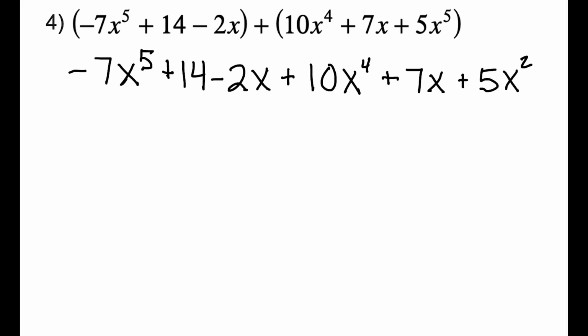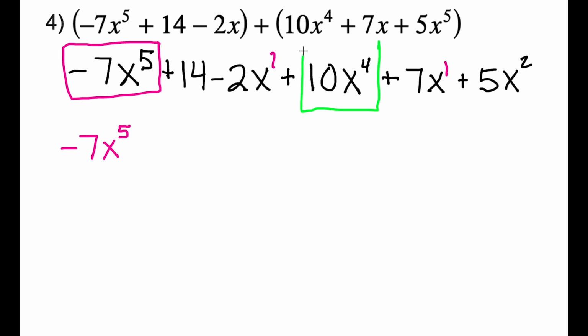Let's look at the term with the highest exponent. This is x to the fifth. Looking at the other terms, we have x to the first, to the fourth, to the first, and to the second. None of these other terms are like terms with negative 7x to the fifth, so that will be brought down as is. 10x to the fourth is the next term in descending powers.